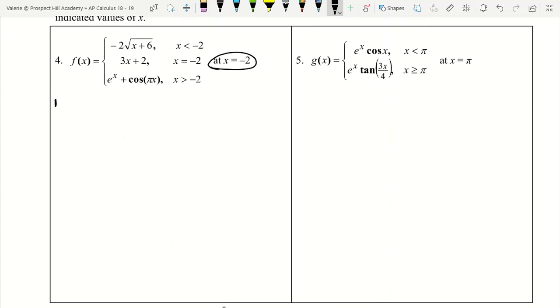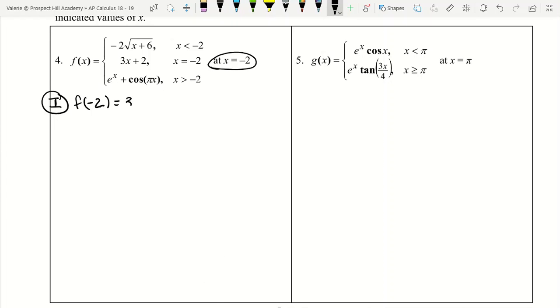So the first step is we want to figure out what is f of -2. We have 3 different restrictions. The first is for x less than -2, second is when x equals -2, and the third is when x is greater than -2. Since we're looking at what f is at -2, we use that second function.